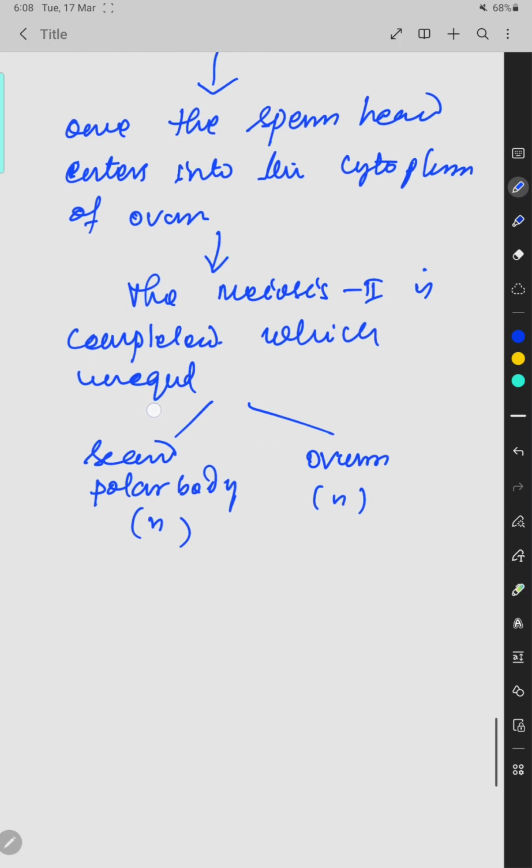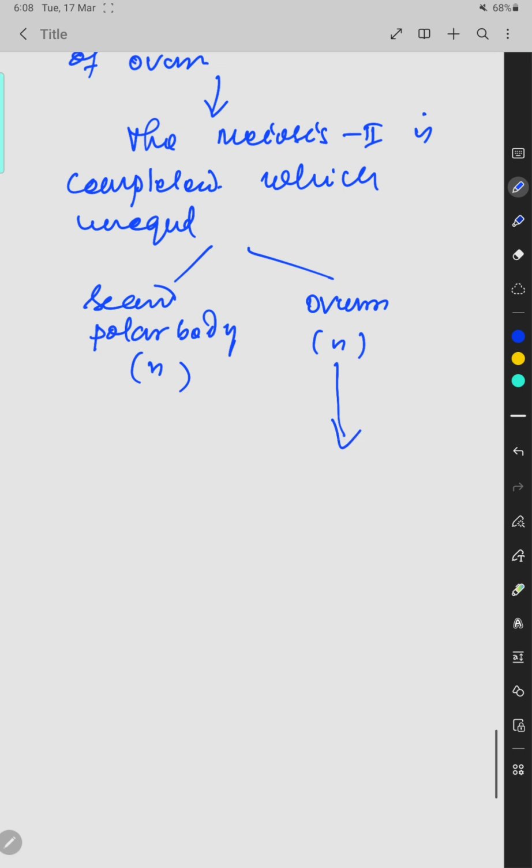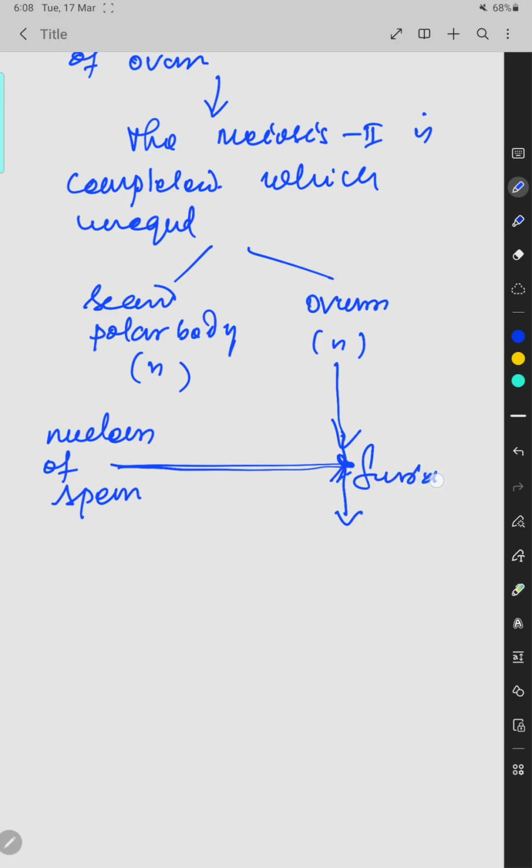Now this ovum fuses with the nucleus of the sperm. So this is fusion, and it forms a zygote, which is 2N. So this is how the fertilization takes place.